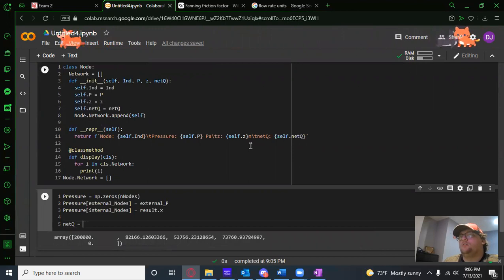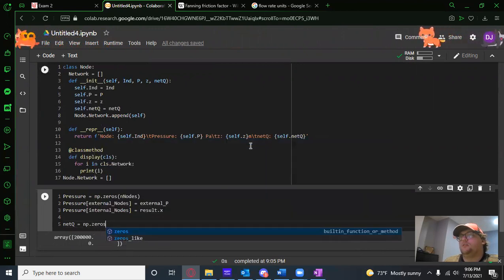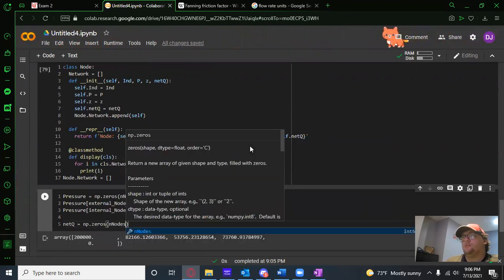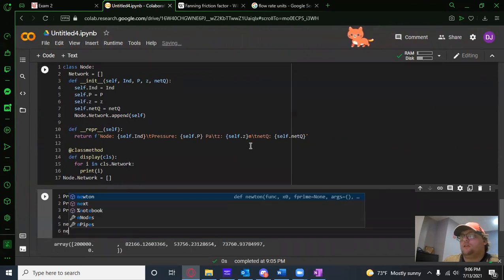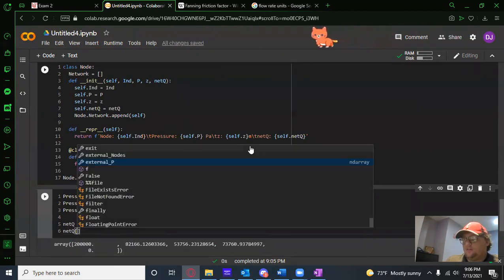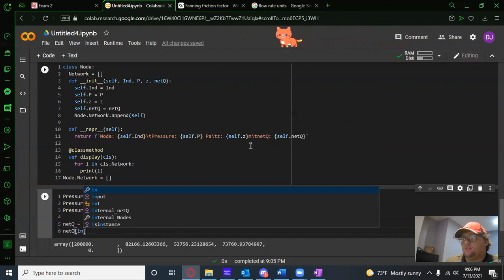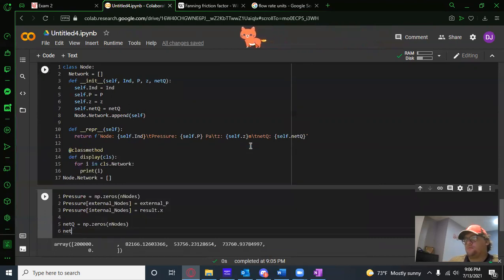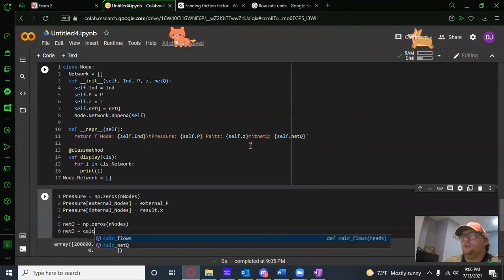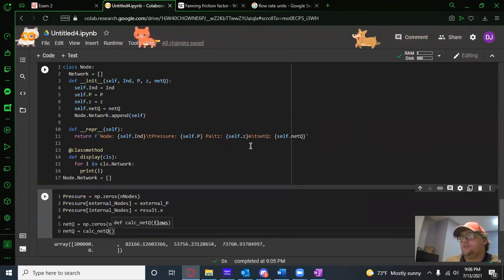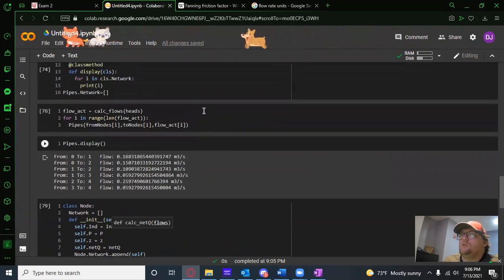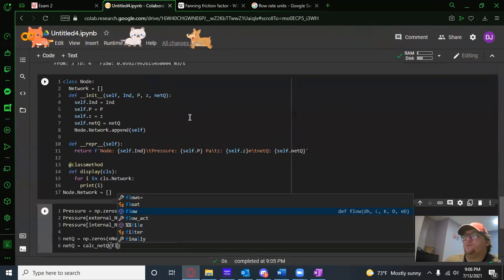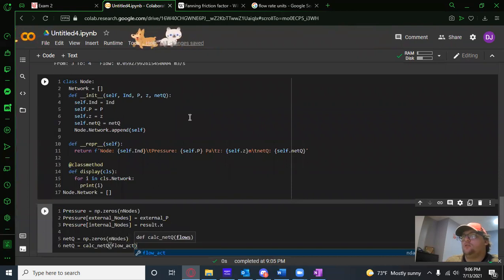So our net q, np.zeros once again, nodes, and then net q is going to be equal to the calculate net q for the flow actual.